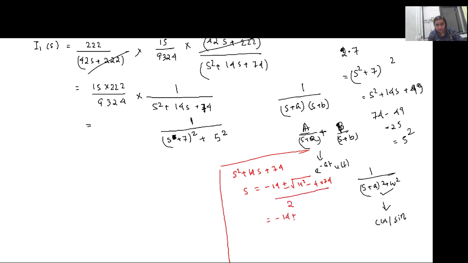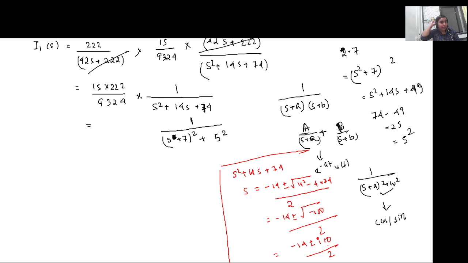Minus 14 plus minus, let's do this, 14 into 14 minus 4 into 74. So this comes out to be minus 100 by 2. So this becomes a complex root. It will be minus 14 plus minus i10, divided by 2.